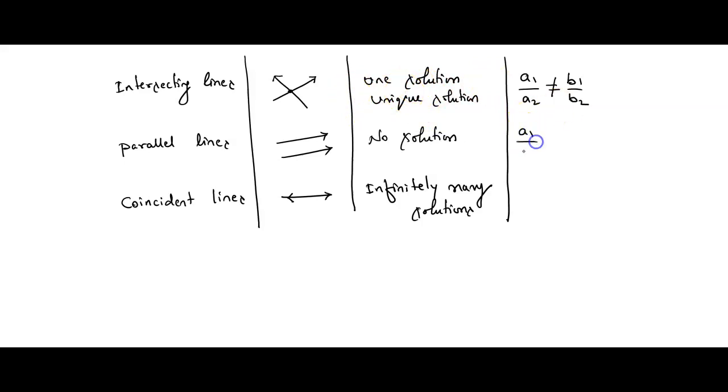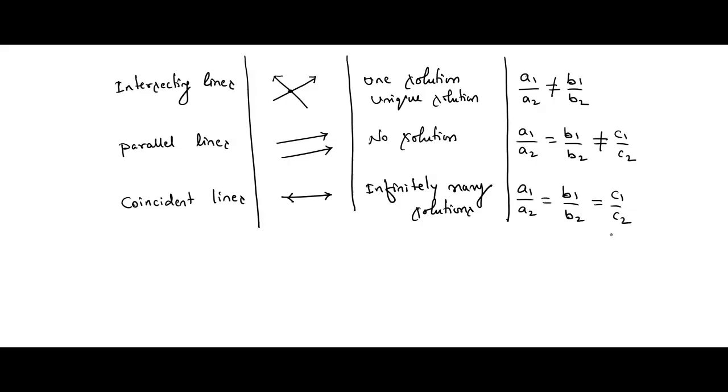If the A1 by A2 ratio equals the B1 by B2 ratio but is not equal to C1 by C2, then it is called parallel lines. If A1 by A2 equals B1 by B2 and also equals C1 by C2, then it is called coincident lines, or infinitely many solutions.